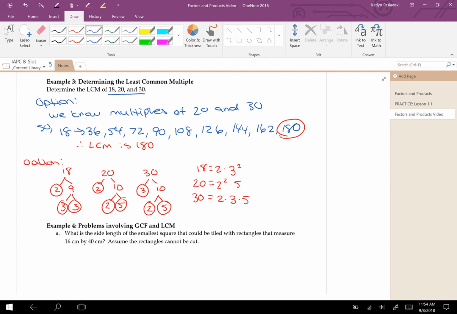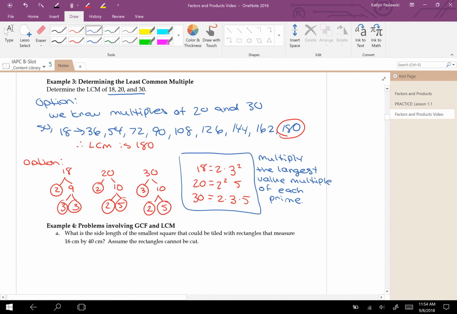Now, how do we determine the least common multiple between those terms? So we want to multiply the largest value multiple of each prime. So I'm going to look in this box here, and I'm going to circle the highest value of each multiple.